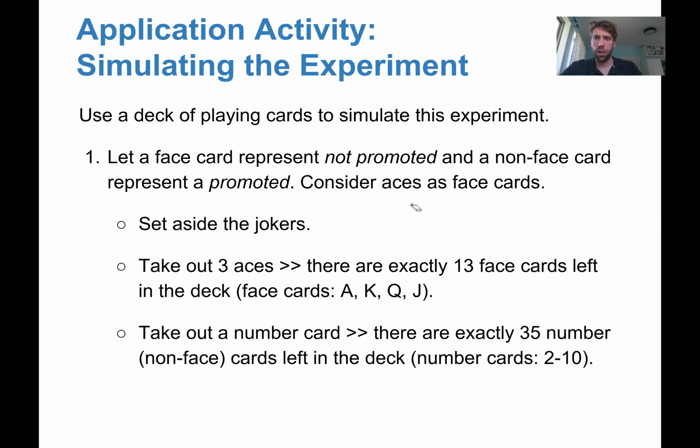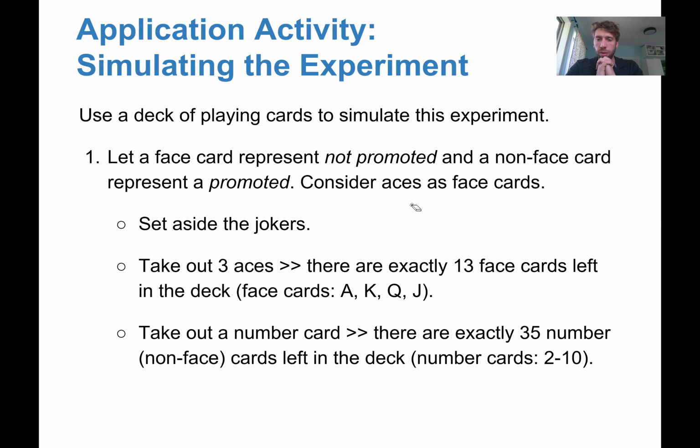Now we have the situation like in the study, where there were 48 resumes. And if nothing's related, then it doesn't matter if they're male or female.